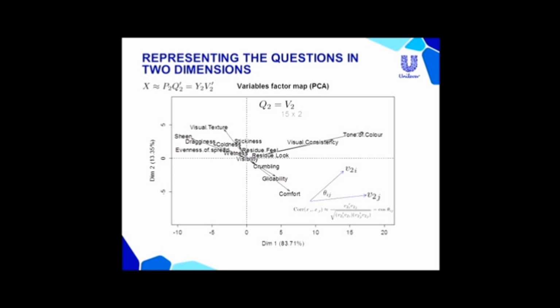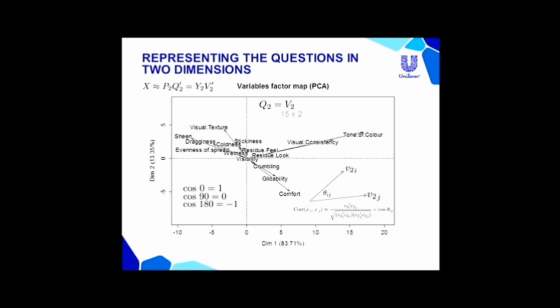Comfort and sheen are in almost opposite directions. The cosine of 0, where they're close together, is 1, like a correlation of 1. The cosine of 90, where they're perpendicular, is 0, so they're almost not correlated at all. If it's -1, say comfort and sheen, they're anti-correlated.